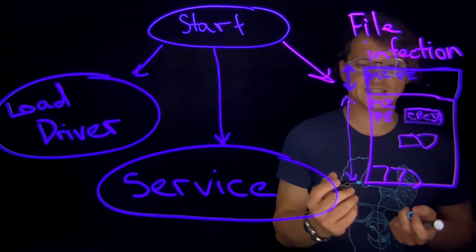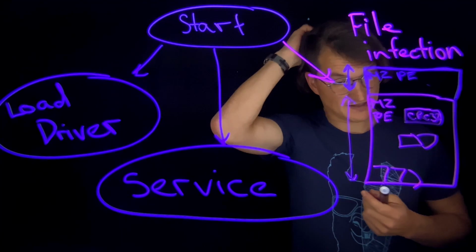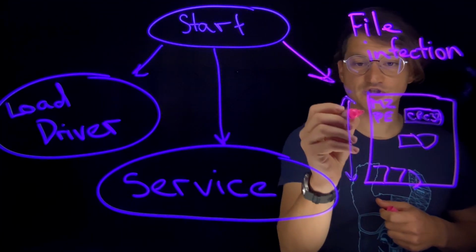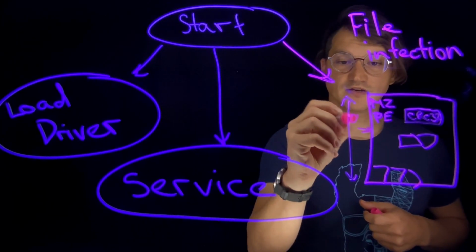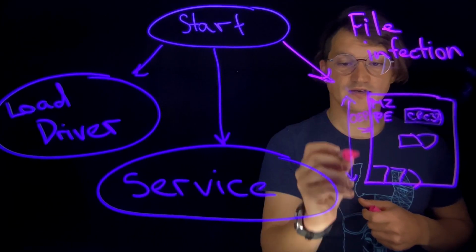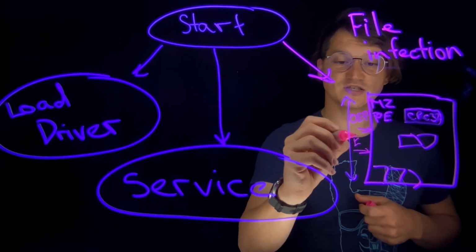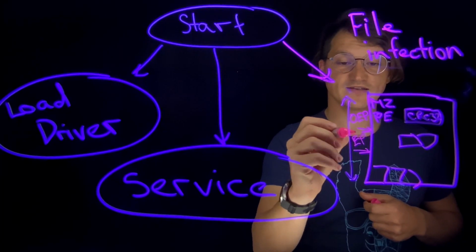So the more advanced malware would actually infect the driver itself, the benign driver. So what they would do is they would change the entry point. So if that would be the original entry point, the malware would change the entry point usually to the resource section, because the resource section is something that's not really needed at the start time.